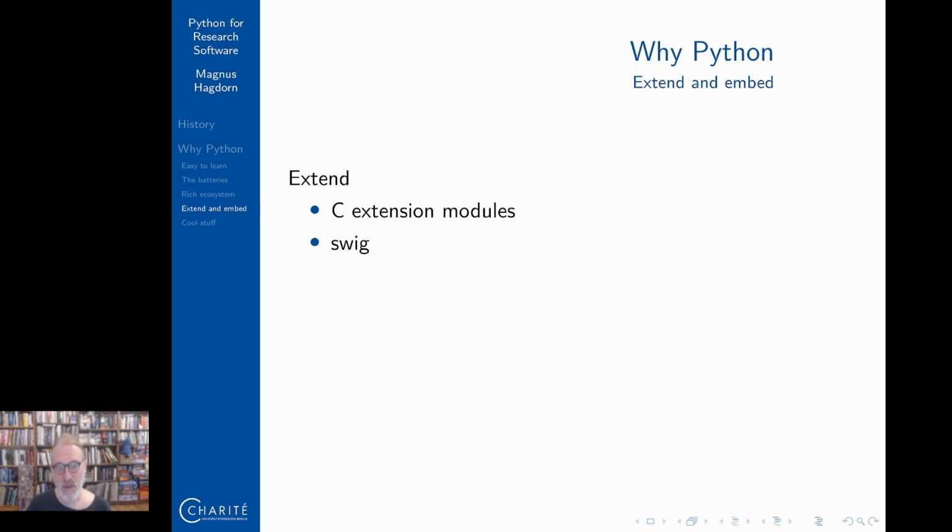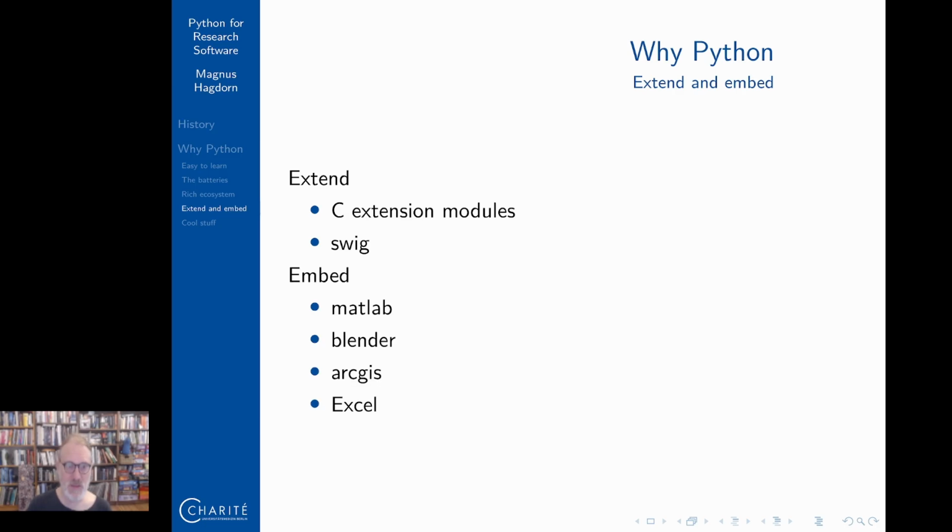And so another good thing about writing C is that it can be embedded into a whole bunch of other languages or interface to a whole bunch of other languages. For that, you can use Swig, and Swig will produce Python interfaces to your C modules.